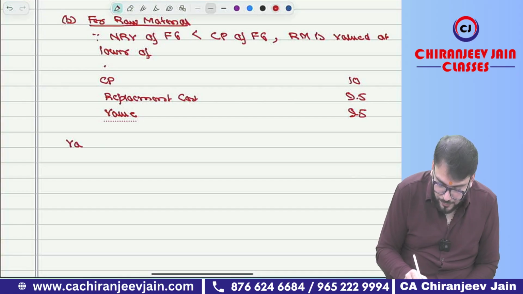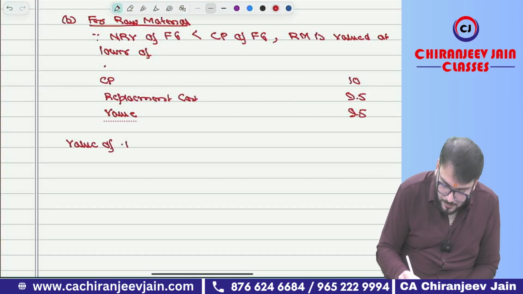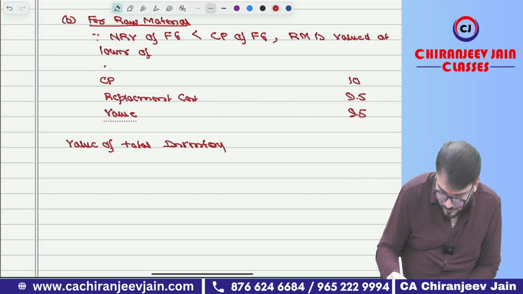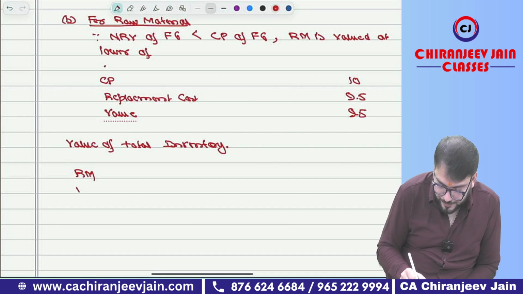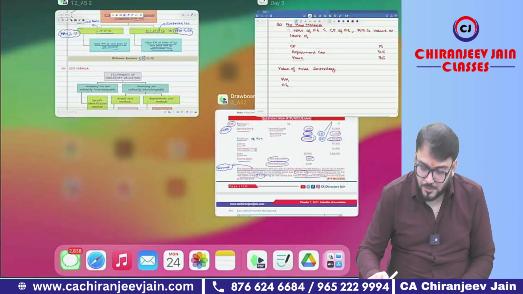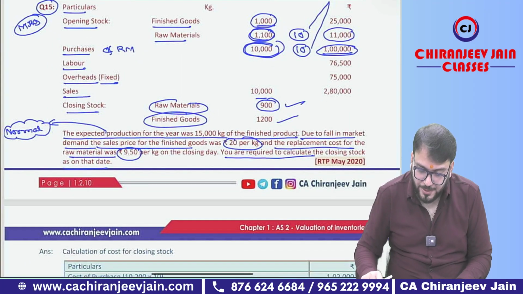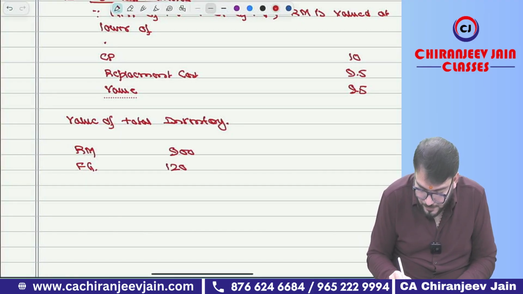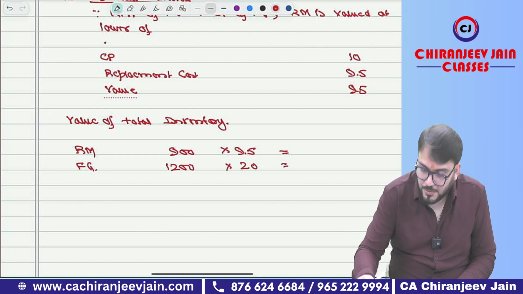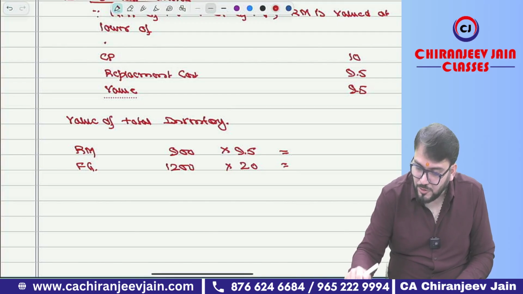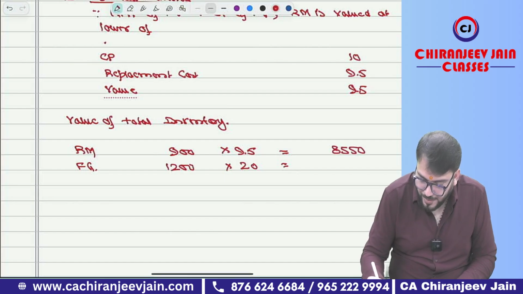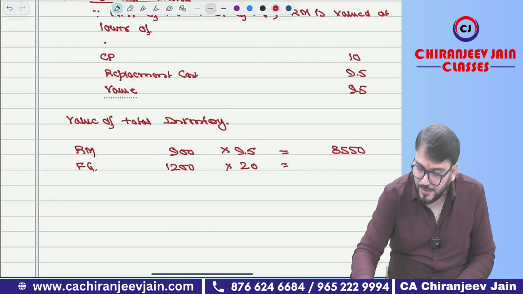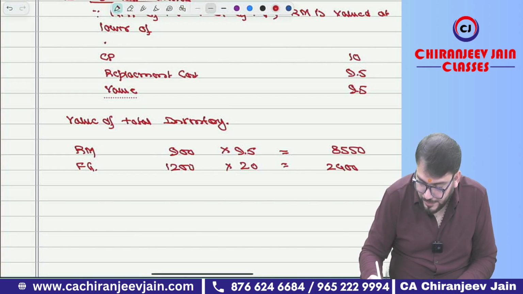What is the value of total inventory, raw material and finished goods? So raw material is 900, finished goods 1200. 900 into 9.5 is equal to 8550. 1200 into 20 is equal to 24,000.